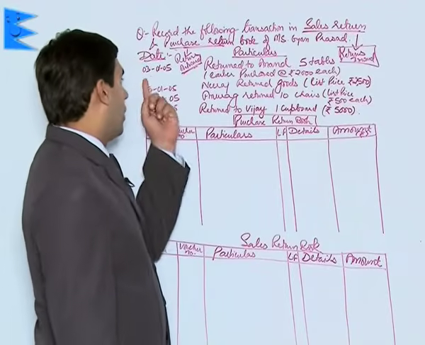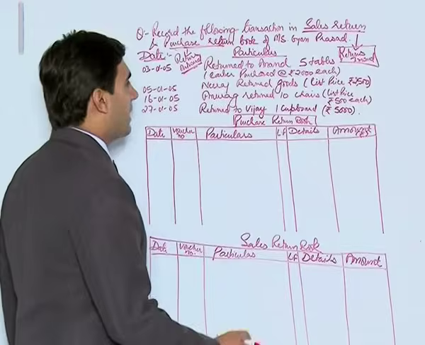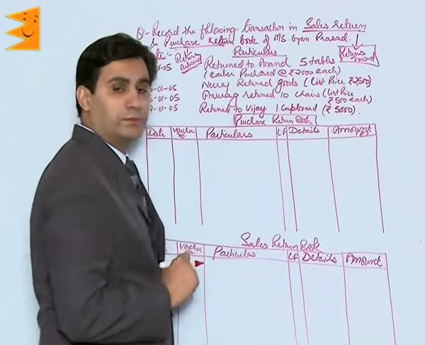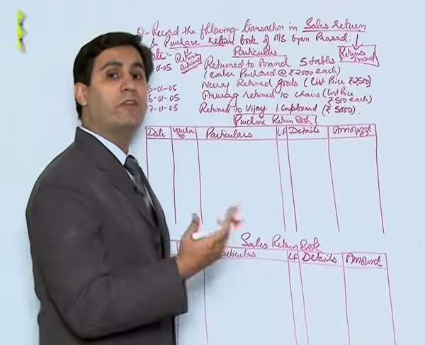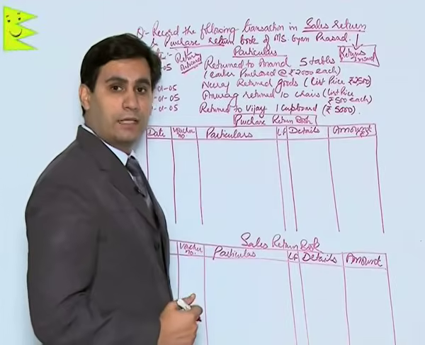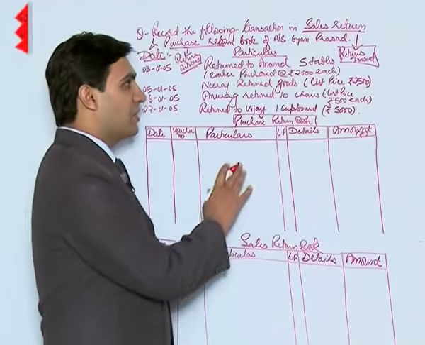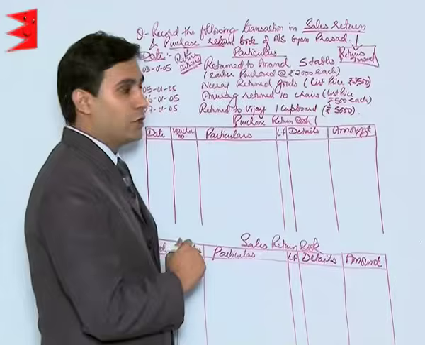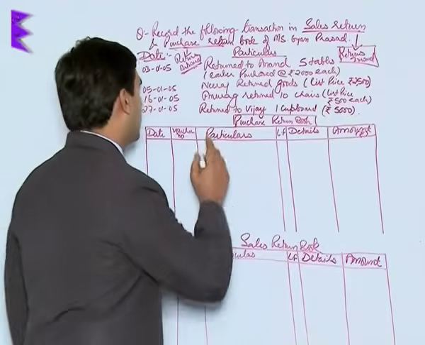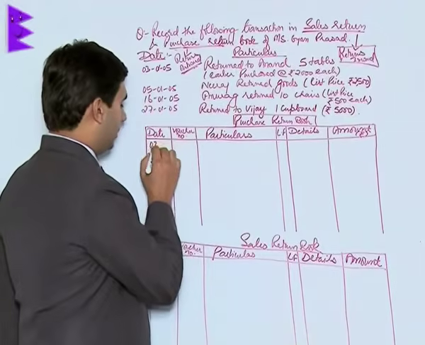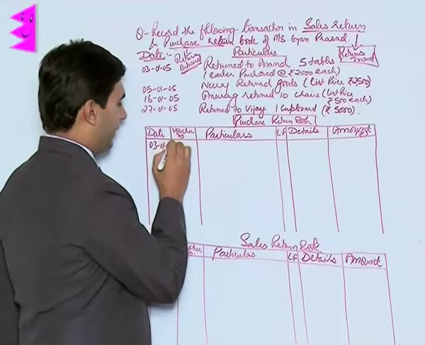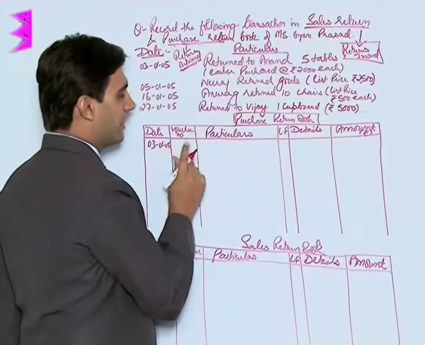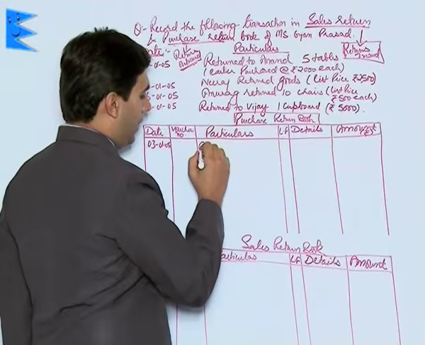Now students, on 3rd of January, the transaction is returned to Anand. That means we have returned to Anand. That clearly means that we must have purchased it earlier from Anand. So it is a purchase return. So in purchase return book on 3rd January 2005, no voucher number is there, so leave it blank. Return to Anand.